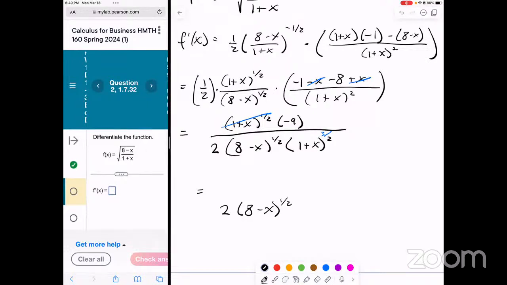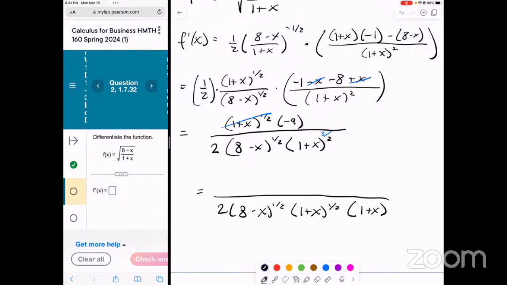I mean, we could go a little further, because that's the same as the thing to the half times the thing to the power of 1. We can combine those. Let me do a little bit more simplification. So that denominator, we have 2, 8 minus x to the 1/2. And then I'm going to do this 1 plus x to the 1/2. And then I'm going to leave this guy as 1 plus x, right?